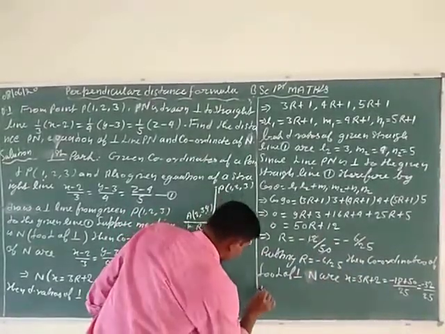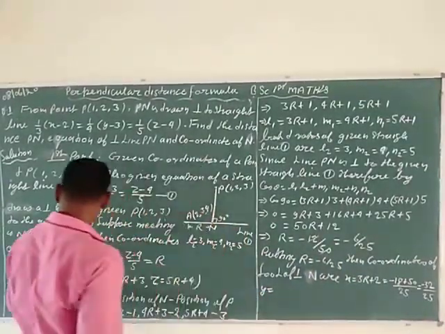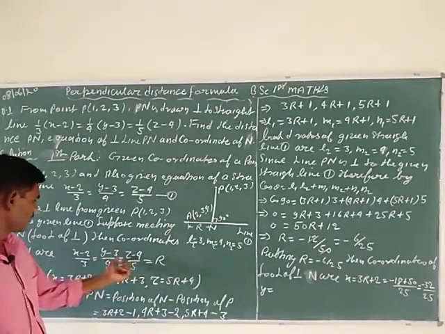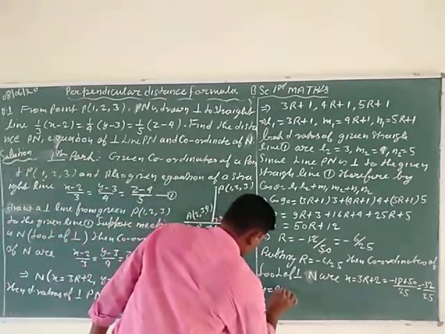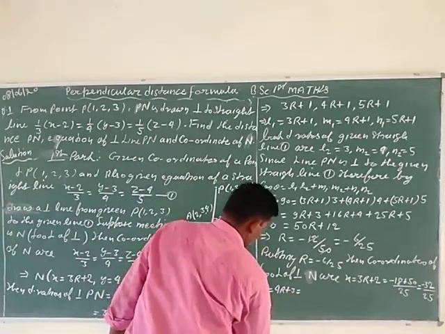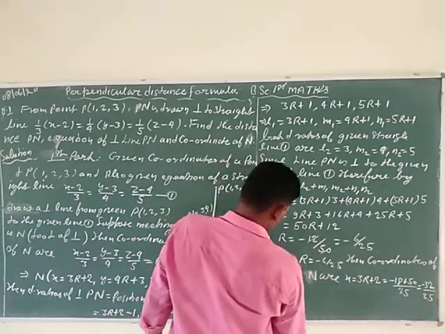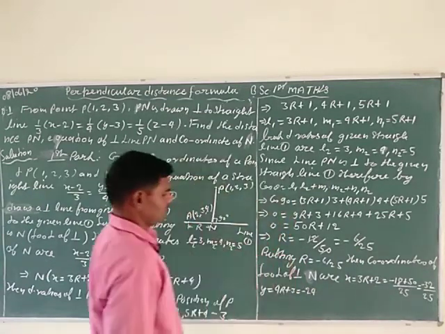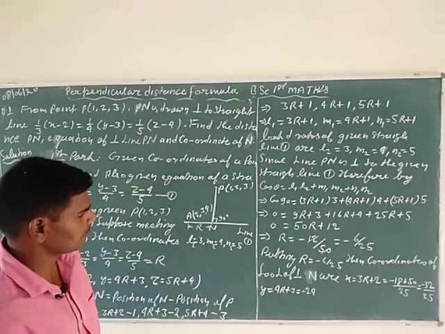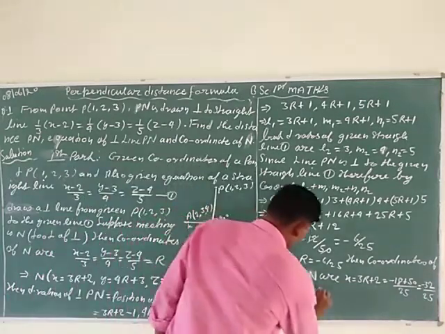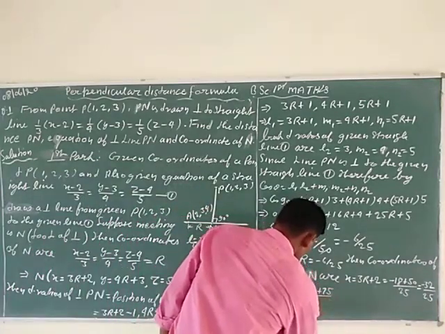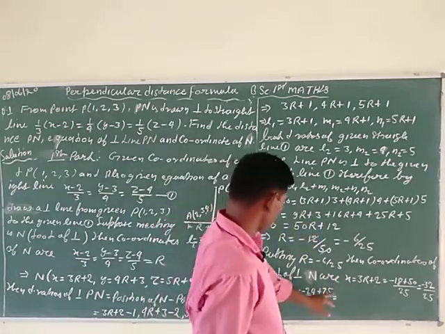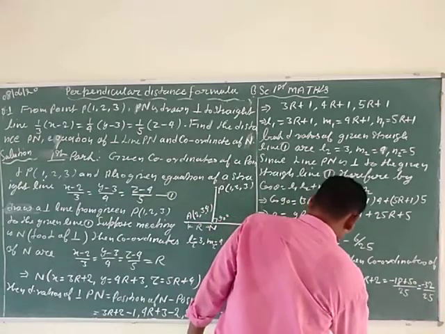Similarly, y is equal to 4R plus 3, putting the value of R, so 4 multiplied by minus 6 is minus 24, plus 3 multiplied by 25 is equal to 75, by 25.